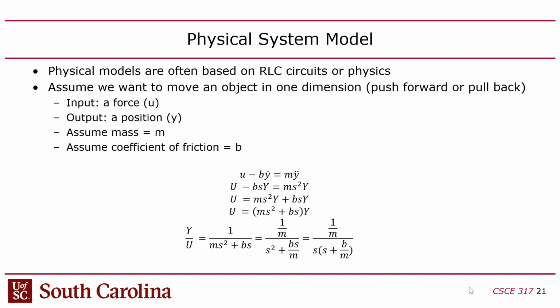So y dot is the first derivative, and y dot dot is the second derivative. So if you multiply the friction by the velocity, you get a counter force. So you subtract that from the input force, and that needs to equal the force of the coin as it moves, which is the mass of the coin times the acceleration of the coin.